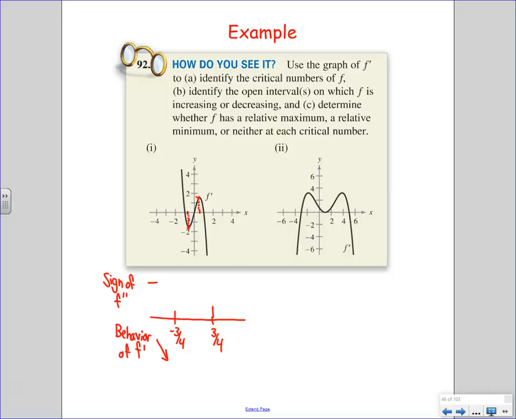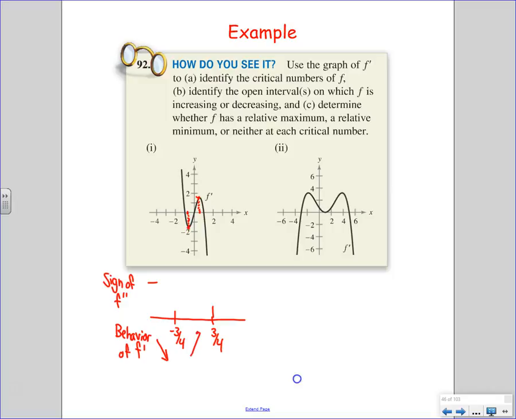If F prime is decreasing, that means its derivative, the second derivative, is negative. Decreasing, negative, right? Okay. So, question, what's going on in between negative 3/4 and 3/4?